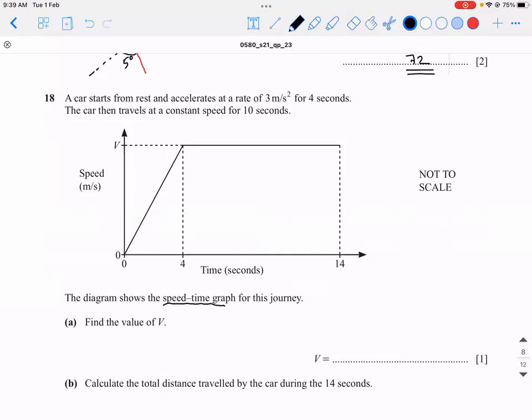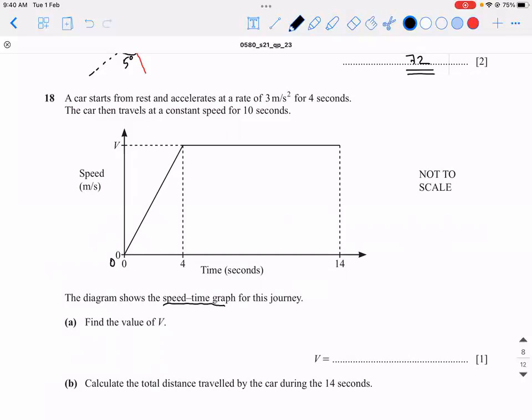And there is a concept in speed time graphs. The area under the speed time graph gives its displacement. That is one fact. Then another fact is the gradient of a speed time graph is nothing but acceleration, right?